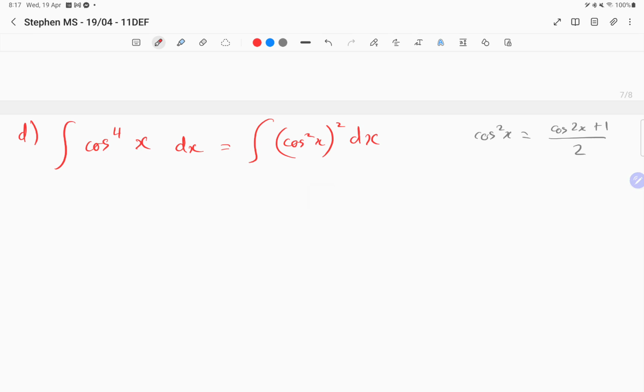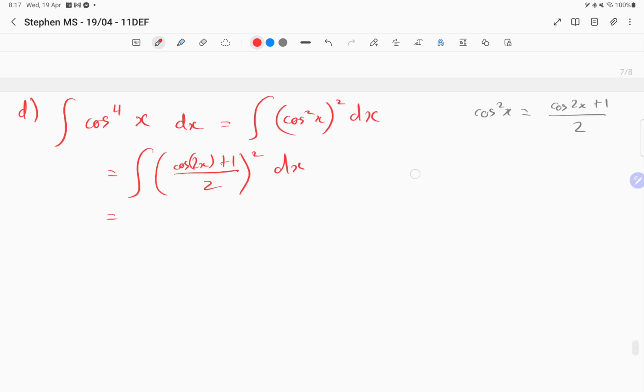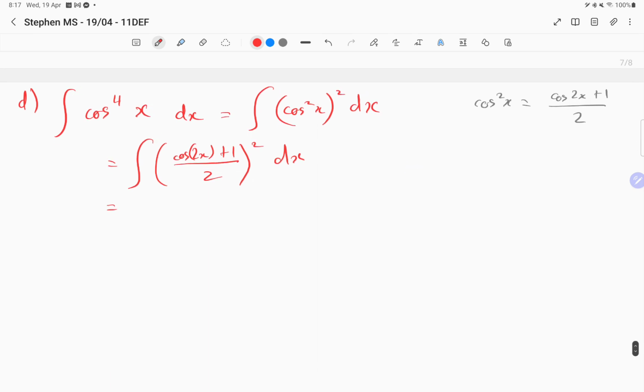And split the square up. Actually, I'll do it step by step. So that equals the antiderivative of cos 2x plus 1 over 2, everything to the power 2, dx. Expand the brackets. See why you need to be good at expanding brackets now. That would be over 4, so I'll take out the 1/4.